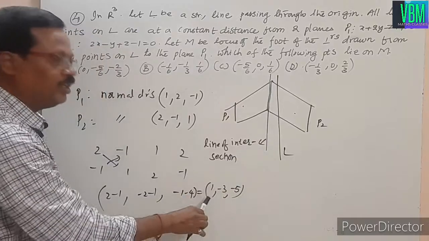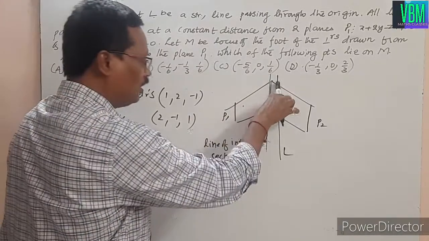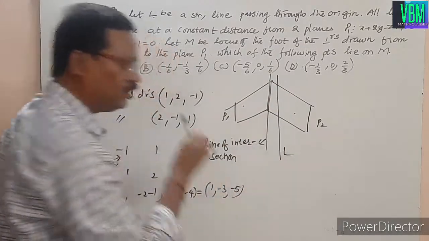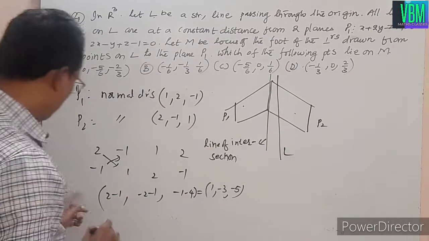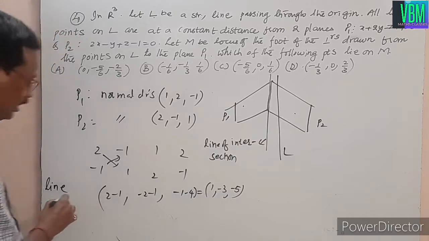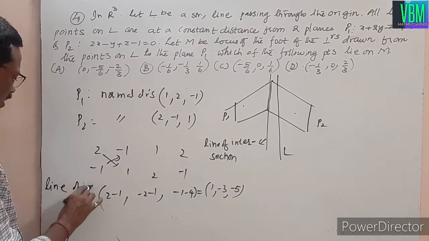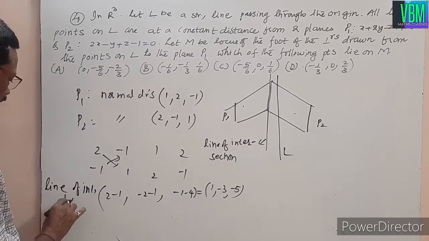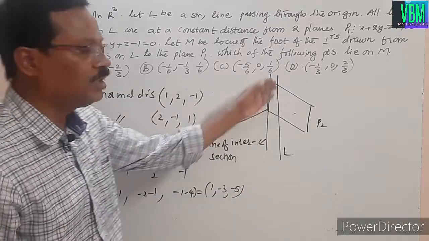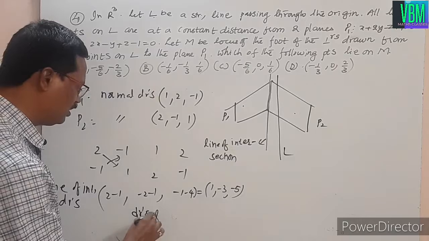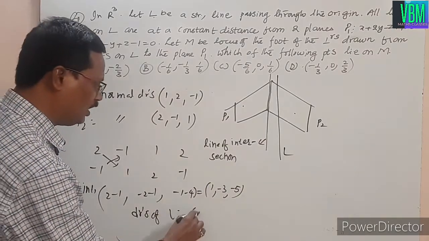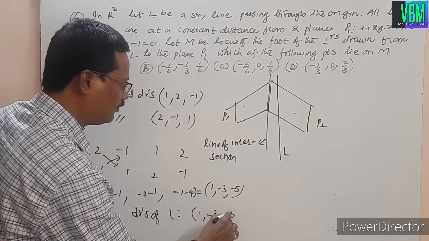The line of intersection DRs are these, therefore the DRs of L are the same, since they are parallel.